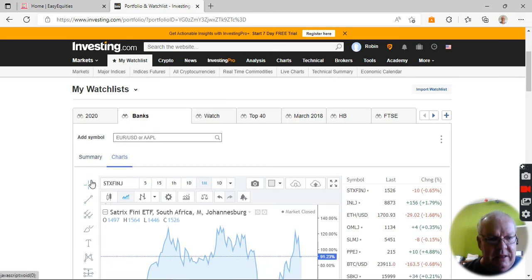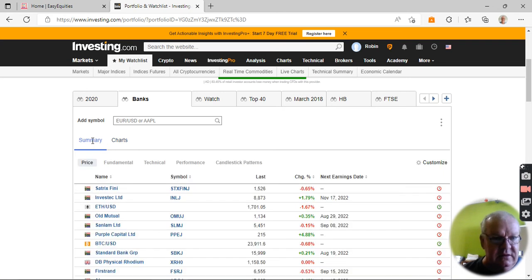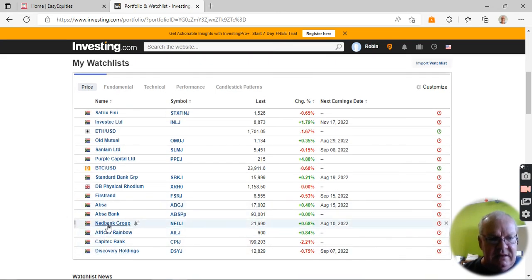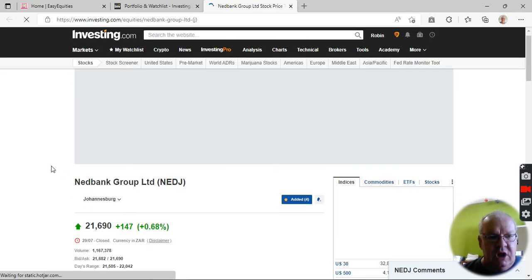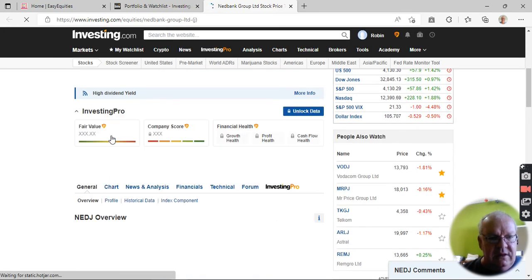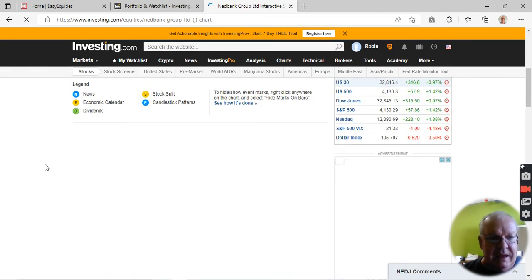If it is a share, by the way, you should be able to also see what I like to see is the dividends. So if I look at Nedbank, for example, I can open up Nedbank and then have a look at their chart, and you'll have a little bit more information there about the dividends that were paid.